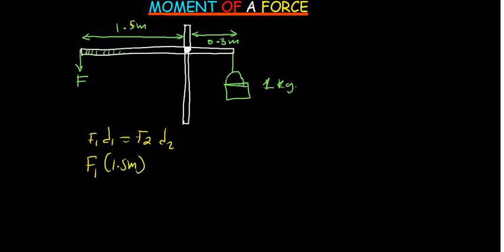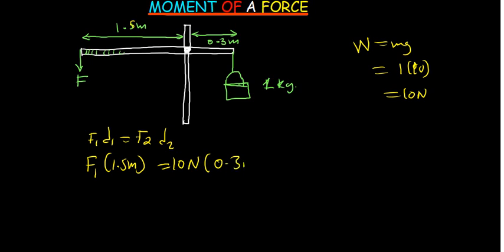If this is in meters, this should also be in meters. They shouldn't be in different units. And then F2, we've been given this as 1 kg. We need to use the weight and not the mass. Weight is mass times gravity. So this will be 1 multiplied by 10, which is 10 newtons. And then multiplied by the other distance, which is 0.3 meters.